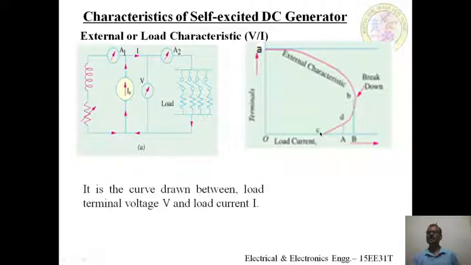The decrease in terminal voltage decreases the load current. If you keep on increasing the load, at some point the armature will get short circuited. So that is why the generator cannot be loaded beyond this point. This is the safe operating point.